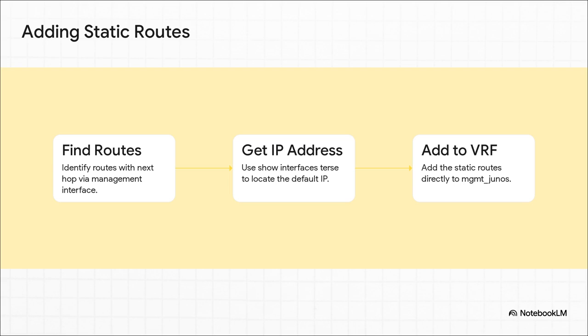First, you run a quick show interfaces interface-name terse command to find the exact IP of your default management interface, which again is usually FXP0 or EM0. Then, you simply add those specific static routes directly into the MGMT_Junos VRF. If you skip this step, you might actually lock yourself right out of out-of-band management, and nobody wants that headache.